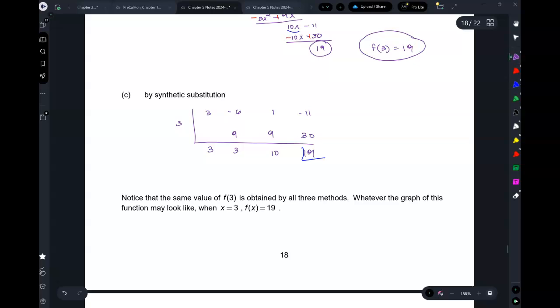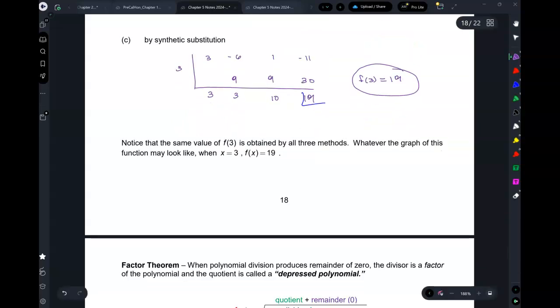That's the remainder. So f of 3 is equal to 19. Notice that the same value of f of 3 is obtained by all three methods, right? Whatever the graph of the function looks like, we don't know what the graph of this function looks like, but we know when x equals 3, f of x is 19. So that's how we can use the remainder to find f of a function.